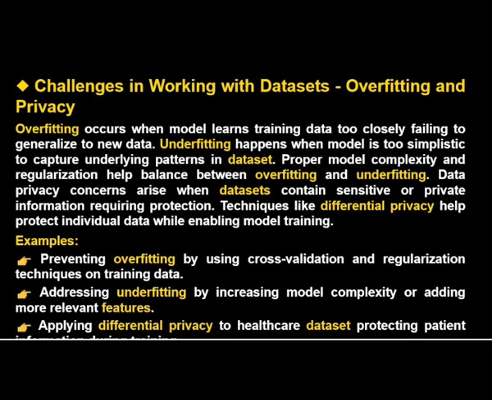And challenges in working with datasets: overfitting and privacy of the data. Overfitting, it is very clear, is when the model performs well on trained data but poorly on test data. Similarly, underfitting is also one of the problems, as the model performs poorly on both trained data and test data.